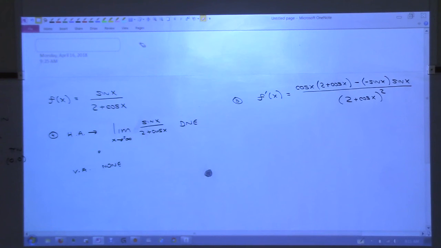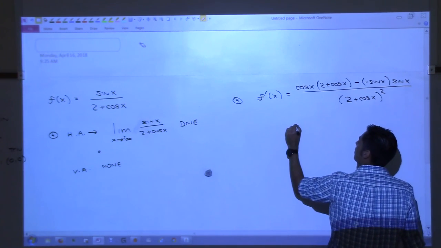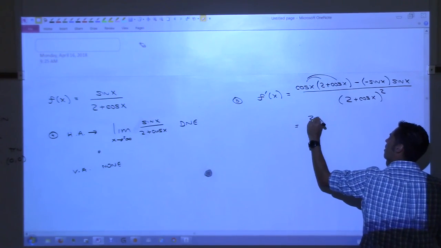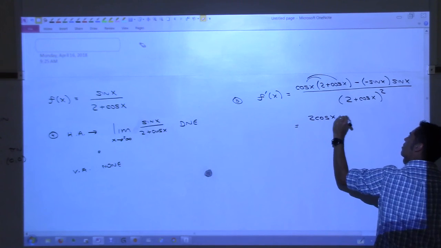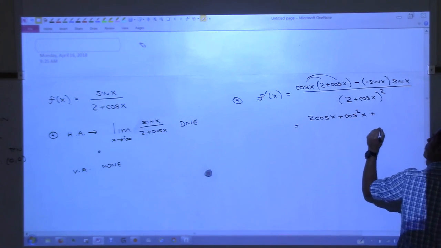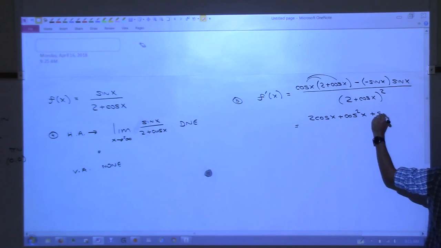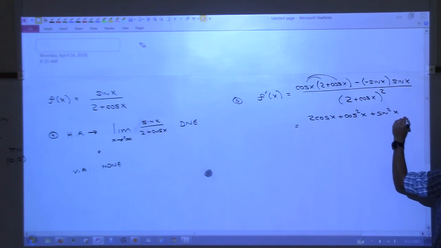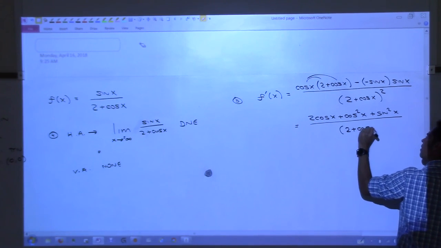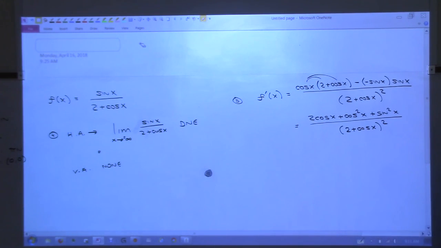Now, the numerator looks kind of nasty at this point, but I think it's going to clean up. Let's see what happens here. We distribute this cosine through. We get 2 cosine x plus cosine squared x plus sine squared x, all over 2 plus cosine x squared.